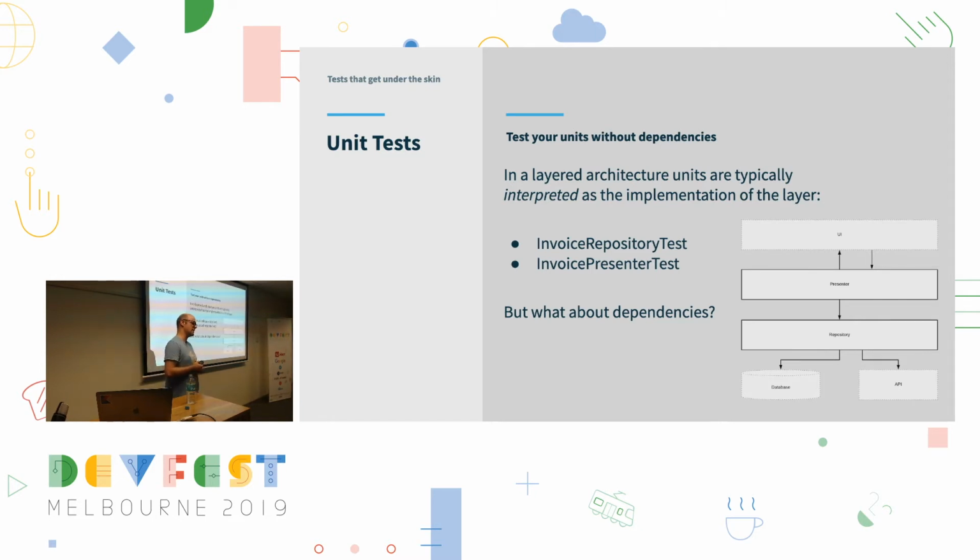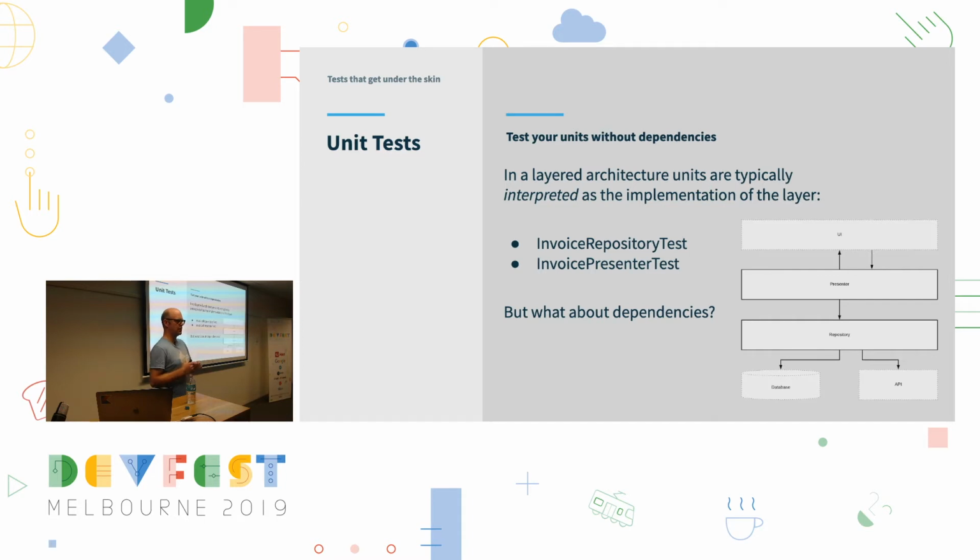How can we test without dependencies? Because we're dependent on them. So usually what people do is they replace the dependencies with test doubles, and that might be fakes or stubs. Or in our case, we used mocks, right?